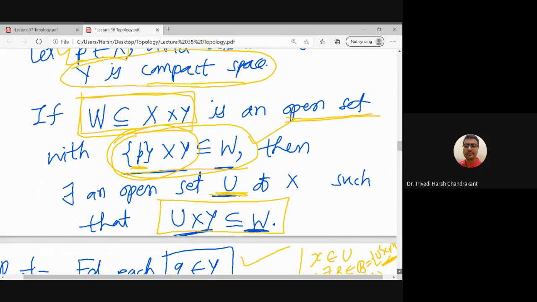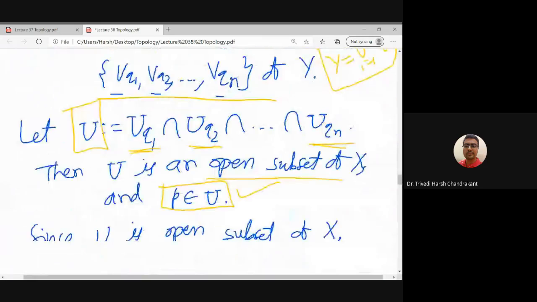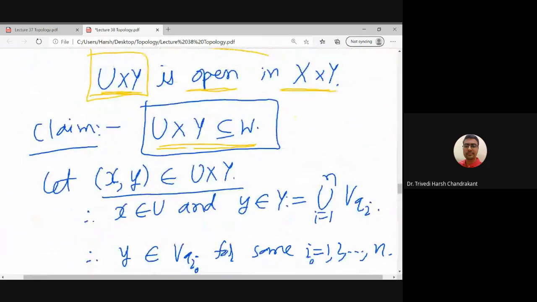That U is the intersection of UQ1, UQ2 and UQn. So U we have already found, so the only thing we need to check is that U cross Y is a subset of W. That is our claim that we want to prove.